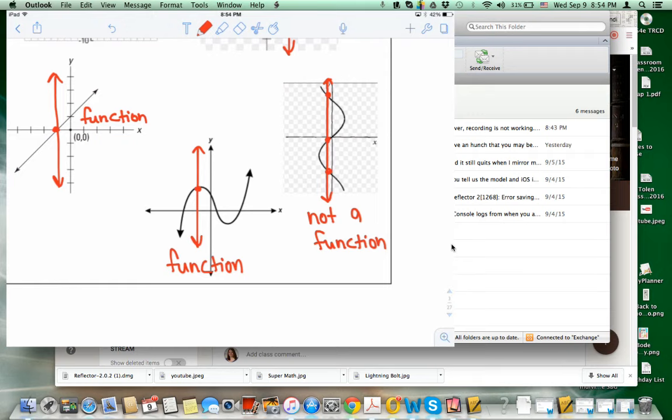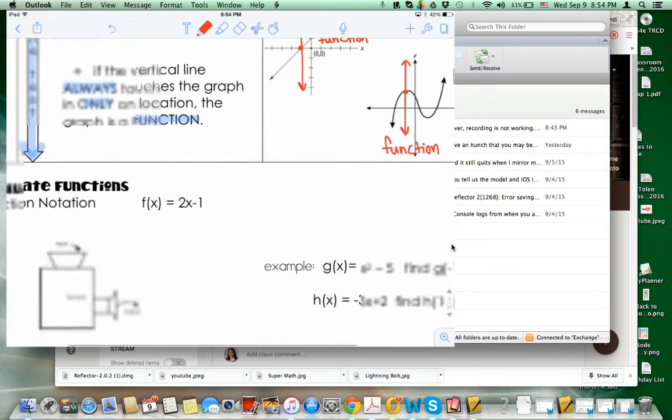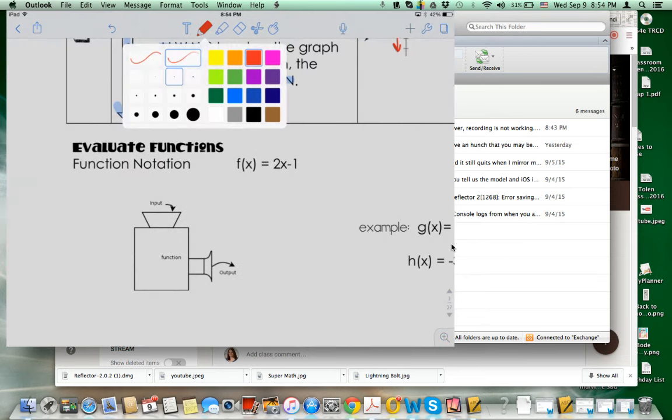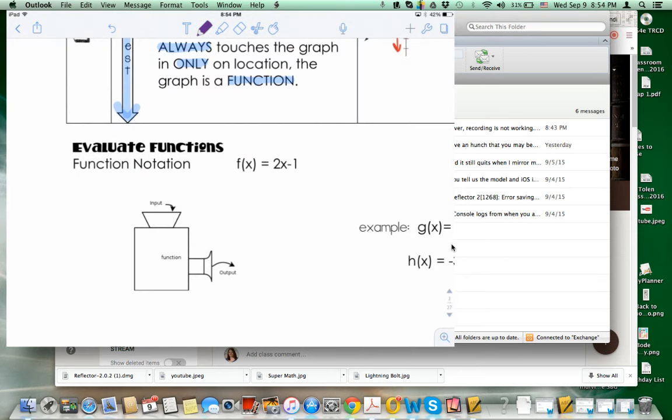Okay, so now let's go ahead and look at evaluating functions. So f of x means the function of x equals 2x plus 1. This machine actually represents that function.